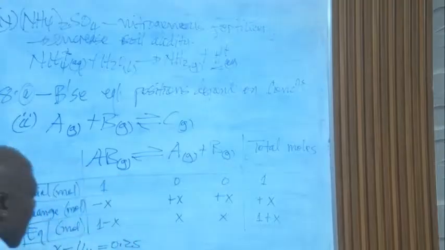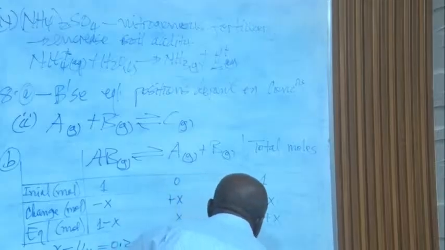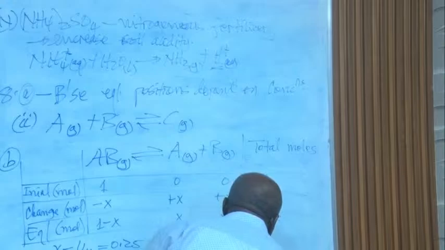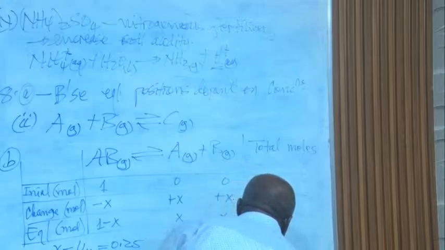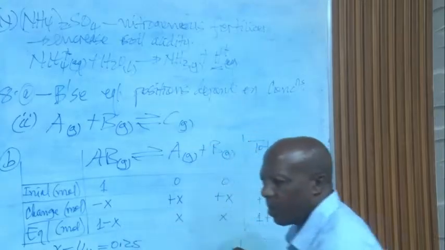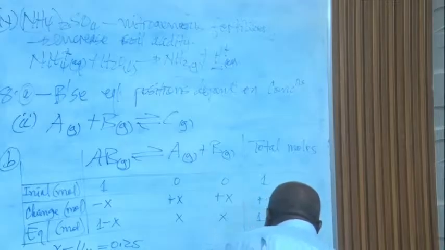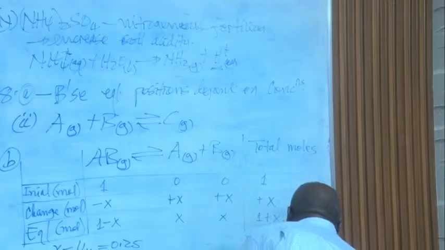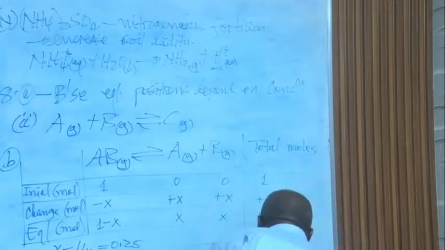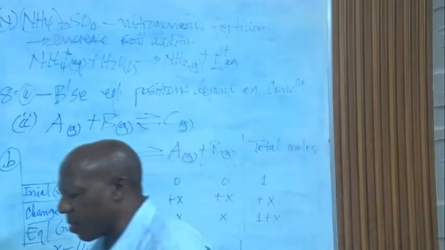Then the total moles at equilibrium is the moles of AB plus A plus B, which is 1 plus x, giving 5/4, or 1.25 moles.